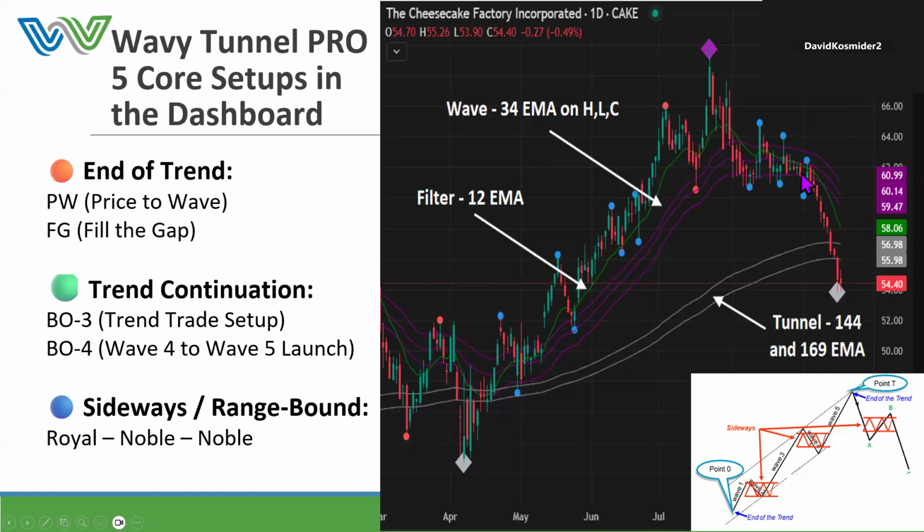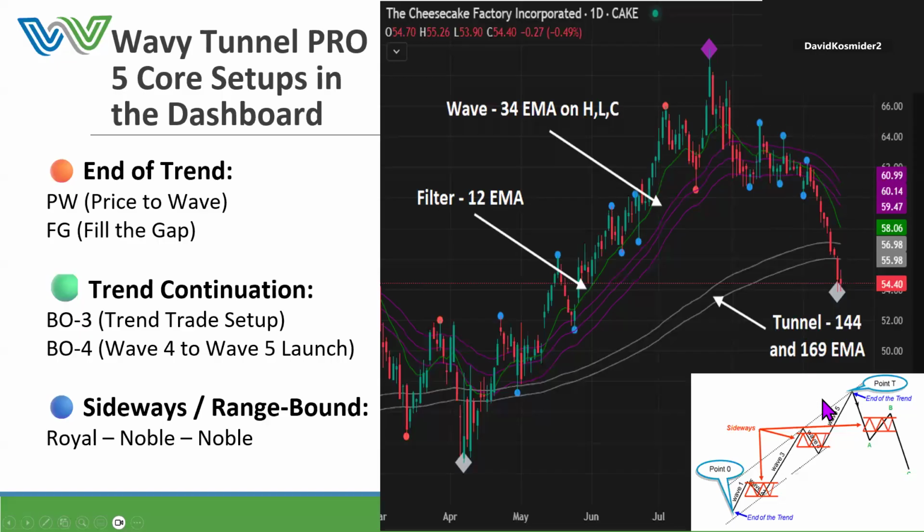It's just a name. And it's funny, when I named these trades a long time ago, like 15 years ago, maybe not that long ago, 12 years ago, I didn't even realize the breakout 4 is really the end of a wave 4, and what follows is a wave 5 move up.